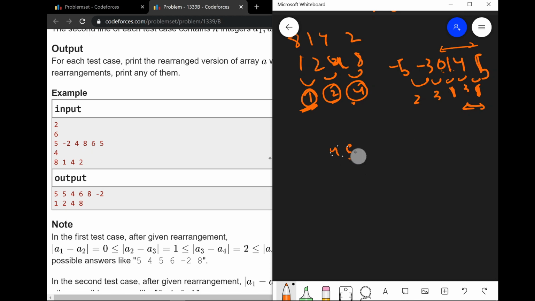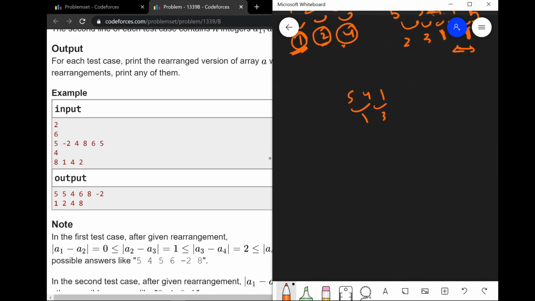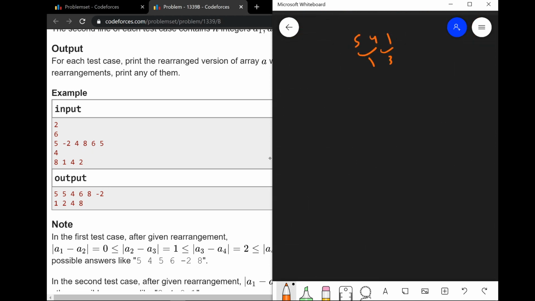Suppose we did 5 4 1, this distance would be 3, this would be 1, but then we would not be able to add 0 at any point, because 4 minus 3 would be 6 and this would be some part of it. So let's think again.